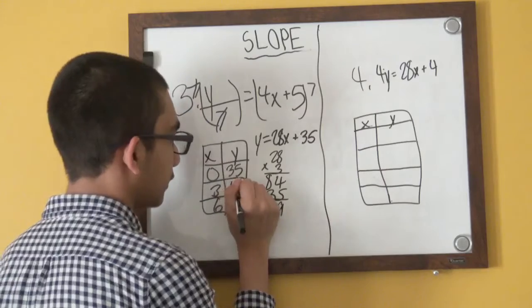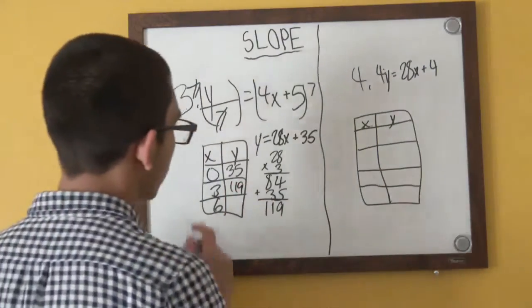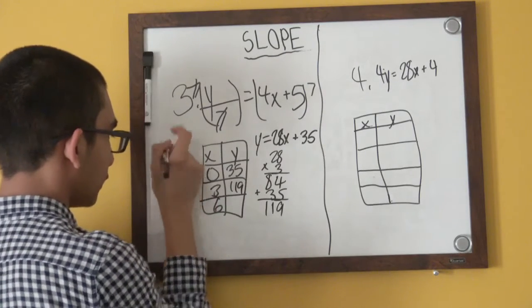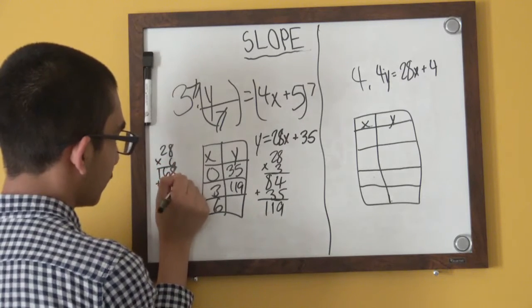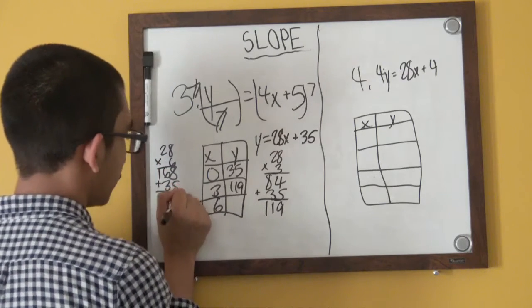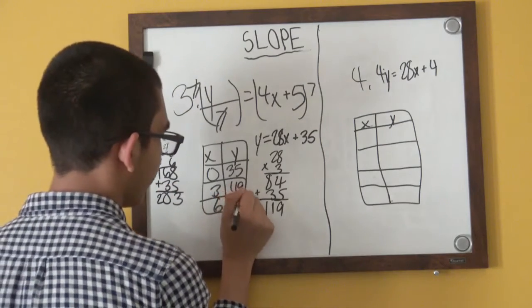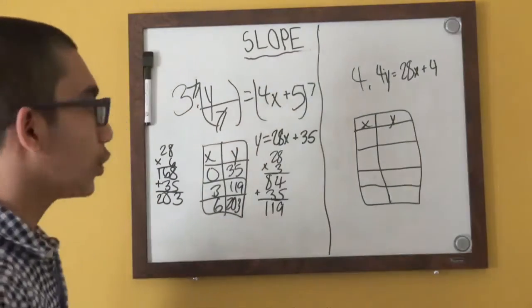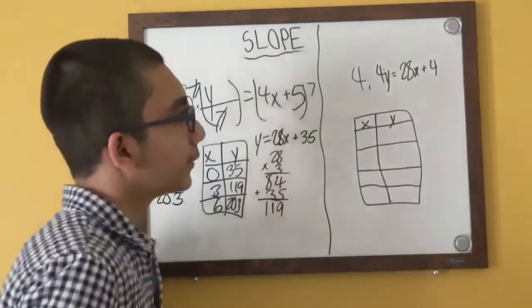That's 119. And now we'll do 28 times 6, which is 168, plus 35, which is 203. Of course, this will be ridiculous to put into a graph, so we won't put it in a graph right now. We're just going to move on to the next question.